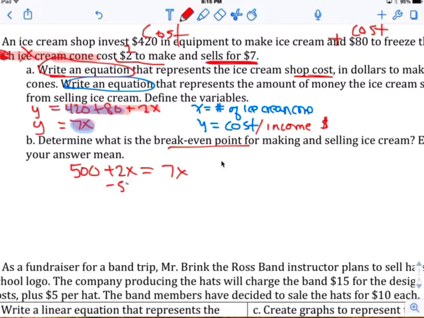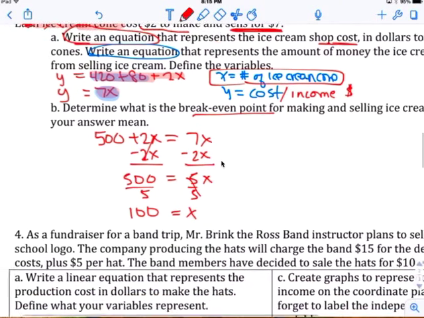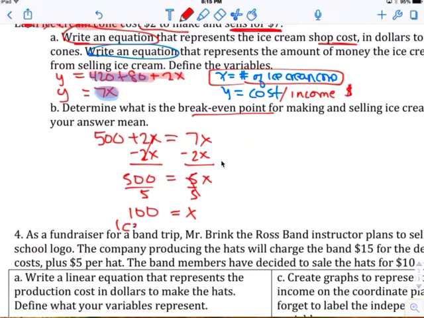Minus 2x on both sides. 500 equals 5x. Divide by 5, divide by 5. X equals 100. 100 what? Ice cream cones. X represents 100 ice cream cones.